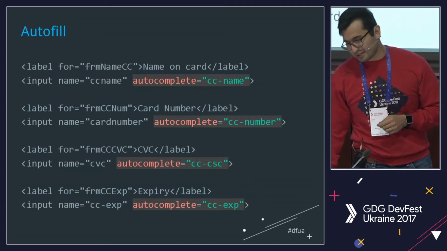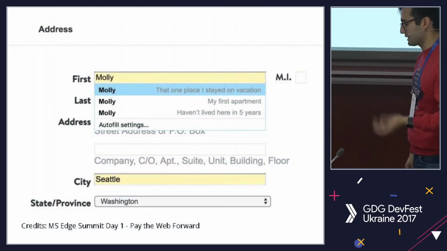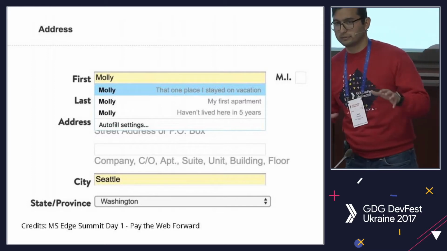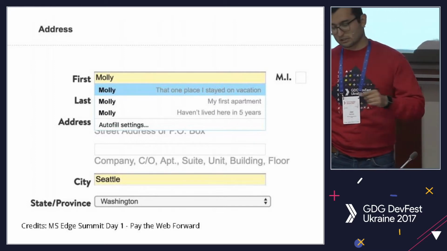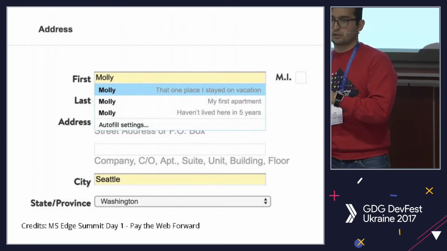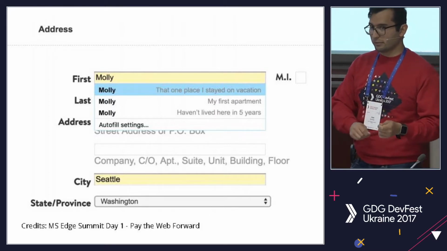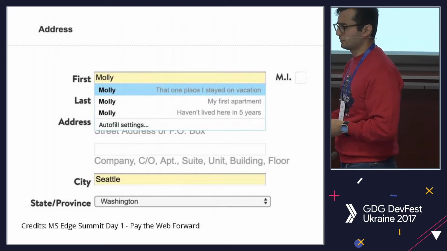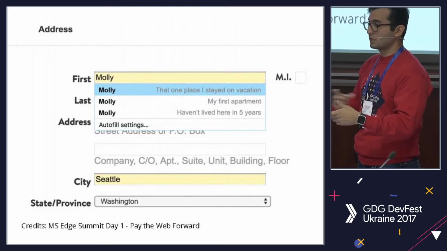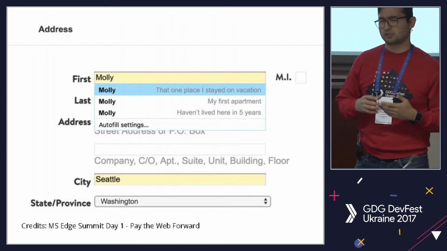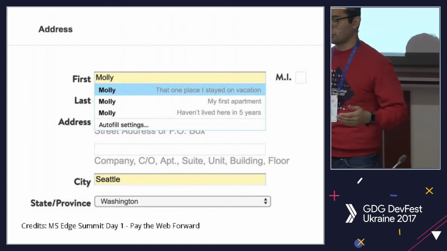However, sometimes that is not the best experience. For instance, I've been very lucky to live in a few countries here and there, and sometimes I put the address that I need to purchase, like, oh, when I'm in Switzerland, oh, when I'm in Mexico, when I'm in the US, and I just don't remember. I know that it's not that common of an experience, but the reality is sometimes we have edge cases that autofill just doesn't cover.